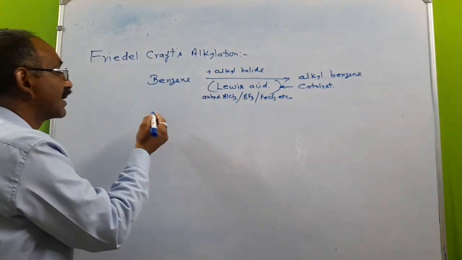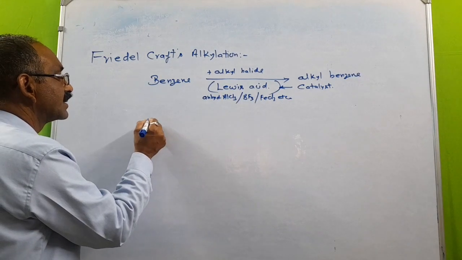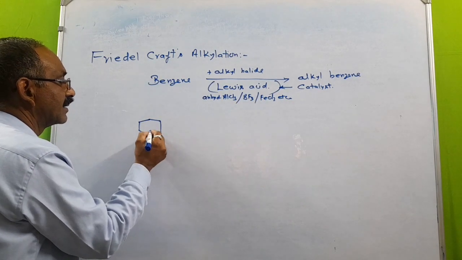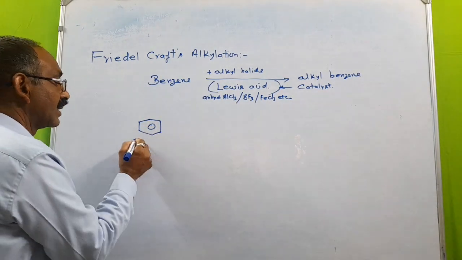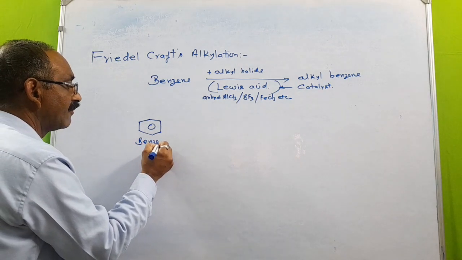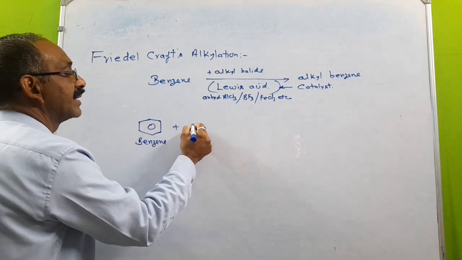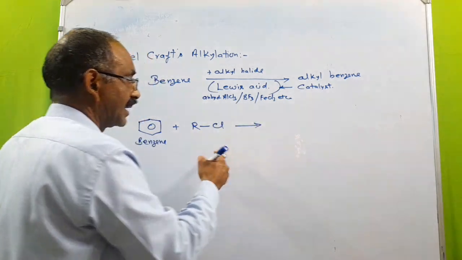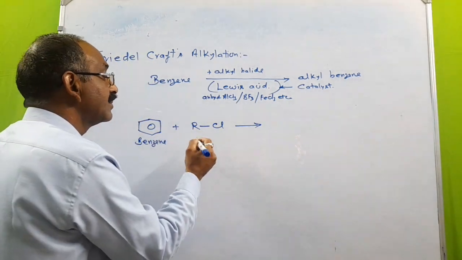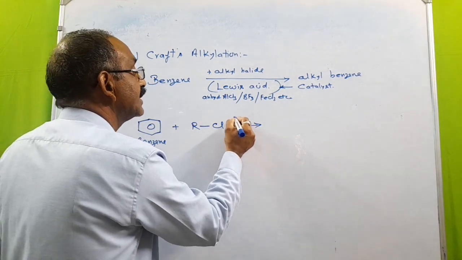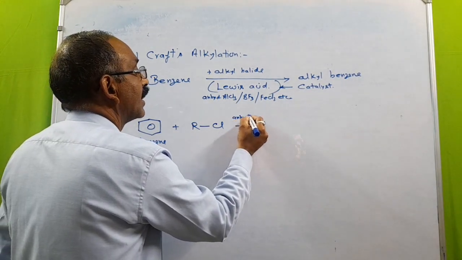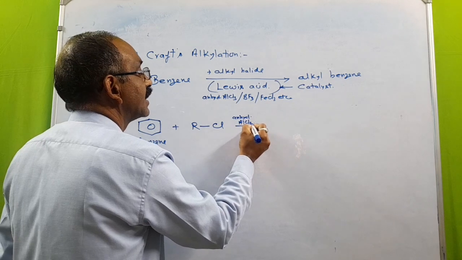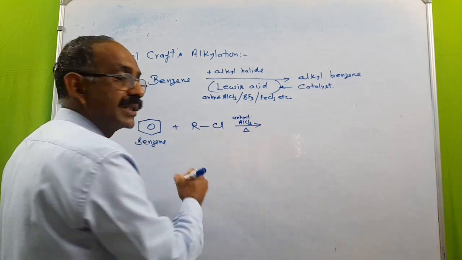We may write the reaction in this manner. See, there is a benzene ring, and when this benzene is treated with alkyl halide, I am taking here alkyl chloride, in presence of anhydrous AlCl3, warming is required.